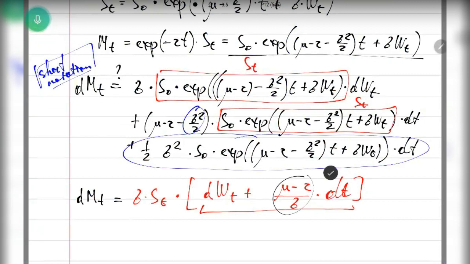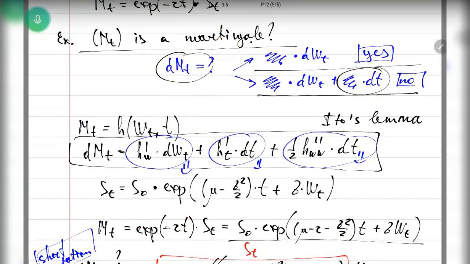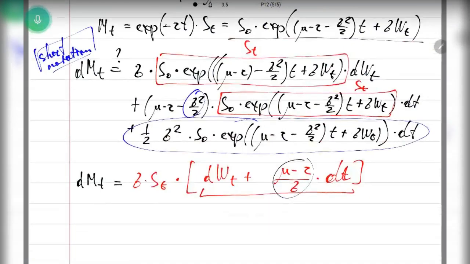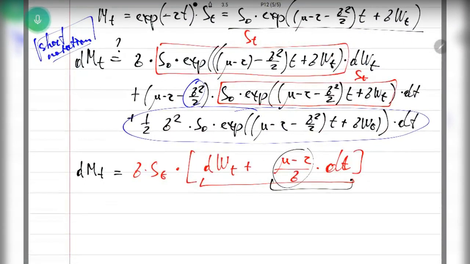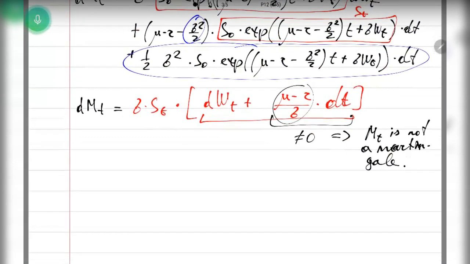And hence we have the second case. We have something before dt, and hence this is not zero, and hence Mt is not a martingale. That means that it's not easy to calculate expected values.